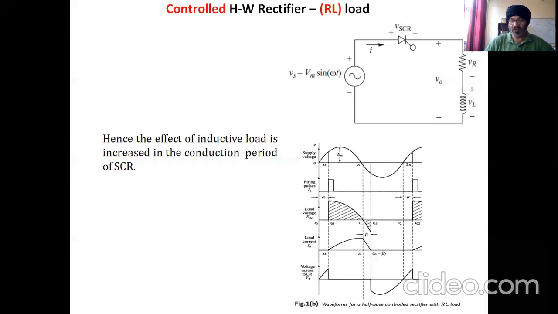If we have a larger value of inductance, the conduction period can increase even more. The conduction period goes from alpha to pi plus beta. From here, alpha, where it starts to grow, and where it goes to 0, we have this conduction period, and this conduction period can be increased by increasing the value of inductance.